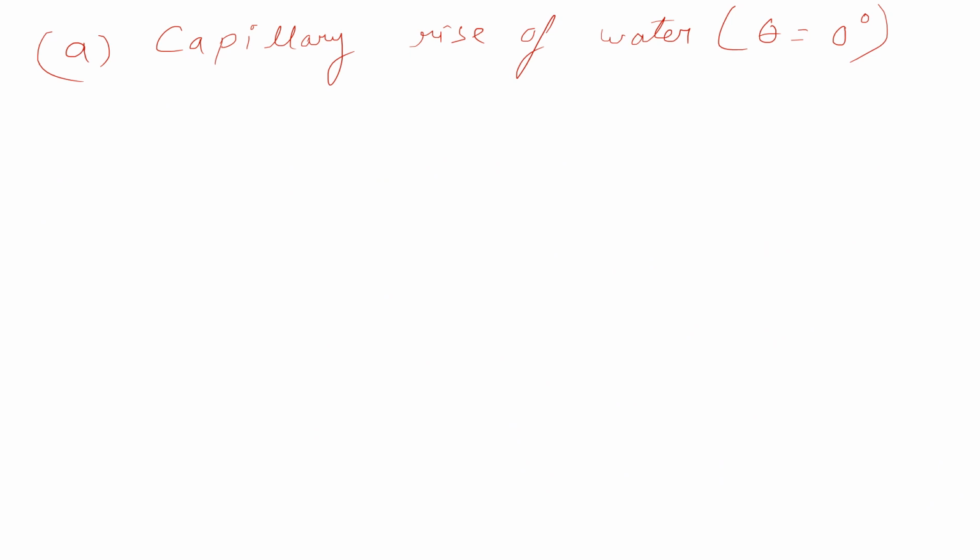The first part of the question states to find the capillary rise of water. We know that theta will be 0 degree because the angle between water and the clean glass is approximately 0 degree, so cos theta will be 1. We will write the expression as 4 sigma by rho multiplied by g and multiplied by d. We have the value of all the quantities, and we can find the value of h by putting the values in this expression.